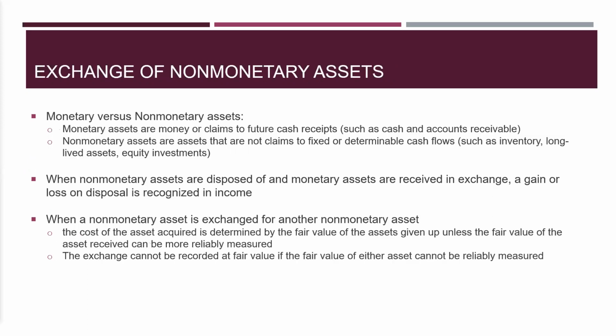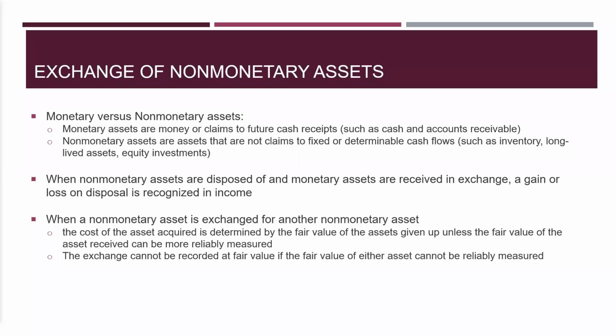But what does the non-monetary or monetary asset really mean? Your monetary assets are the assets that have the money or the claims to future cash receipts. We know the amount of cash that we will be receiving. For example, your cash account is monetary, accounts receivable is monetary, because we know the exact amount of cash we will be receiving in the future.